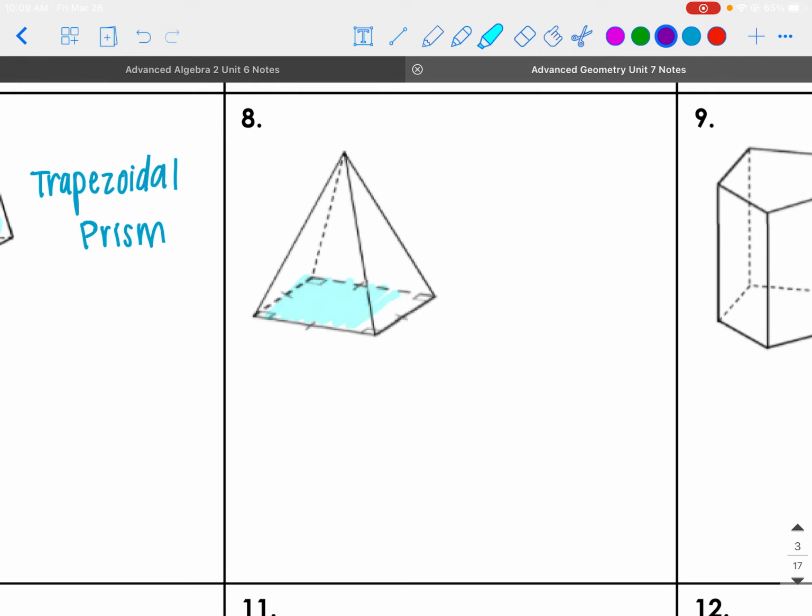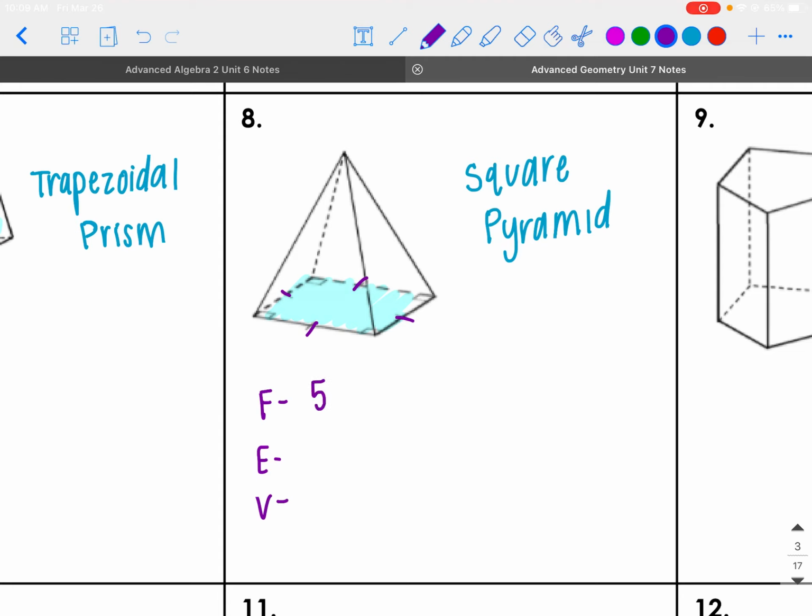Number 8. That's a pyramid, and my base is a square because all 4 sides are the same. So it's a square pyramid, with 5 faces, 8 edges, and 5 vertices.